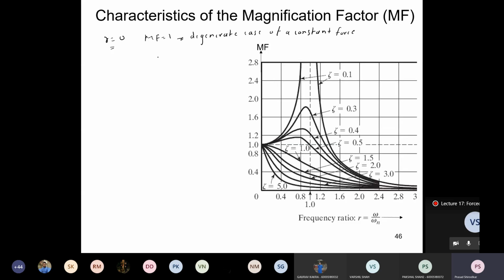For zeta equal to 0 and r equal to 0, the derivative of the magnification factor with respect to r will be 0, because then the magnification factor becomes constant.